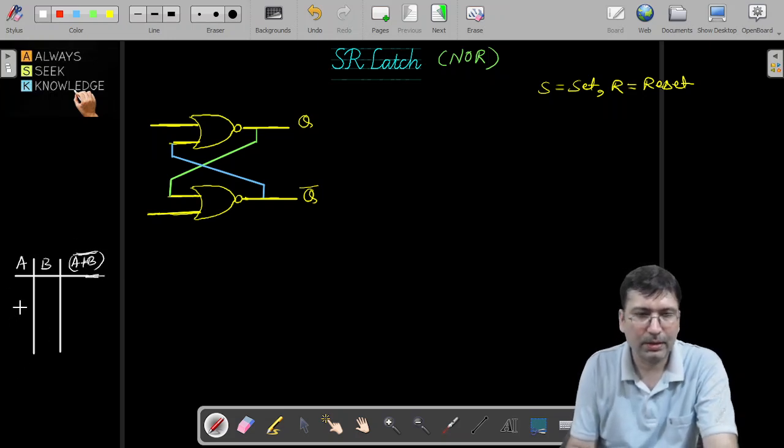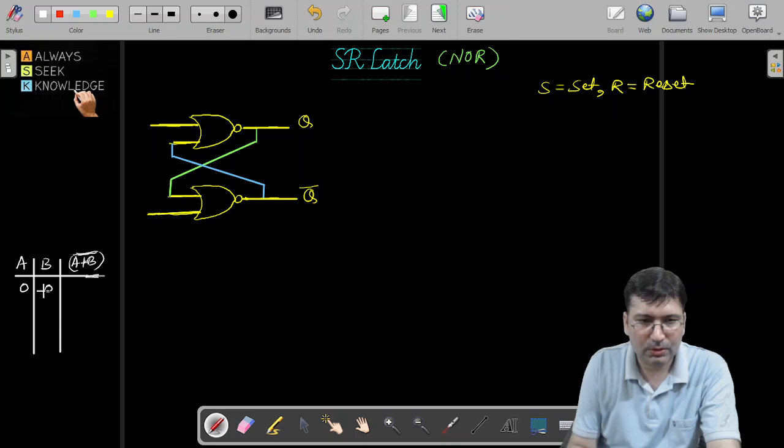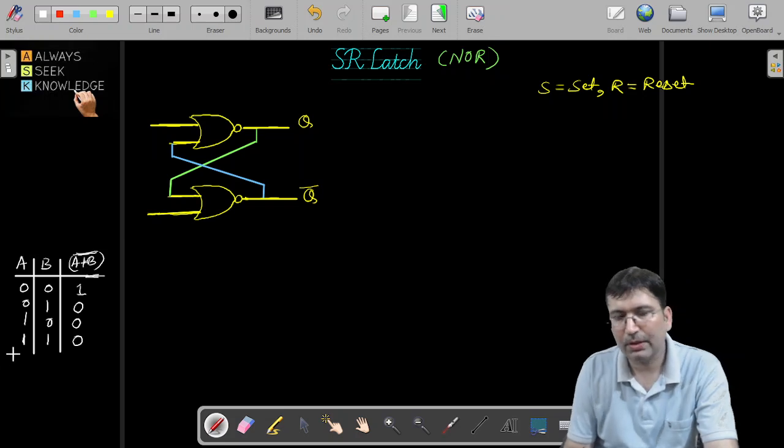There are 4 combinations: 0 0, 0 1, 1 0, and 1 1. For 0 0, NOR generates 1, and for the remaining cases it will generate 0.